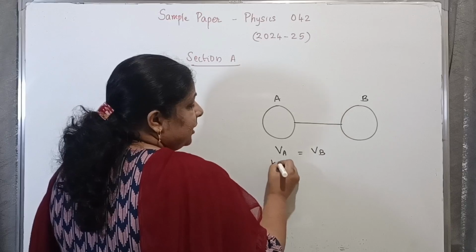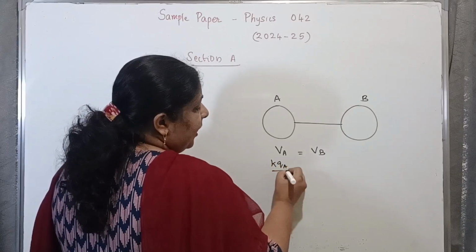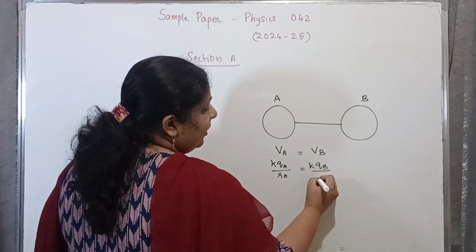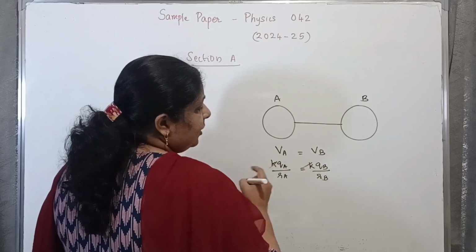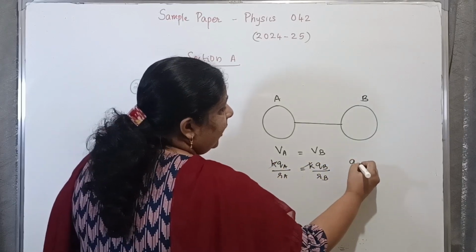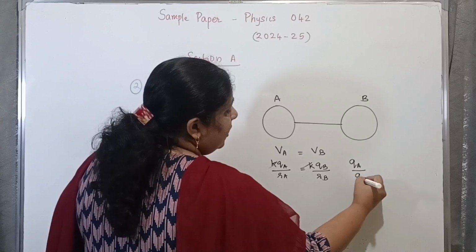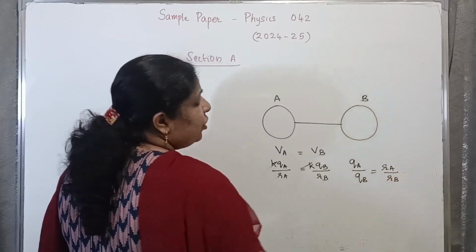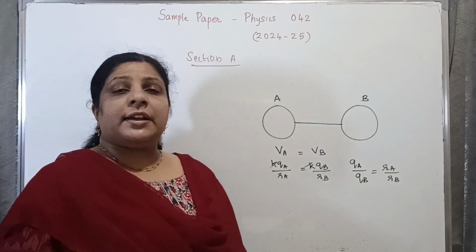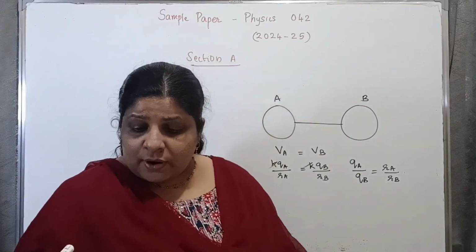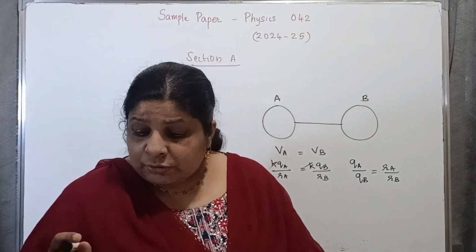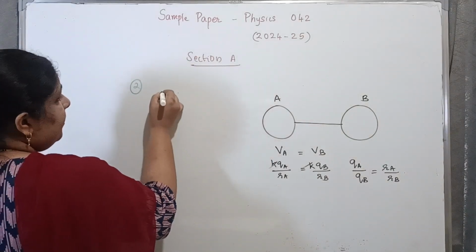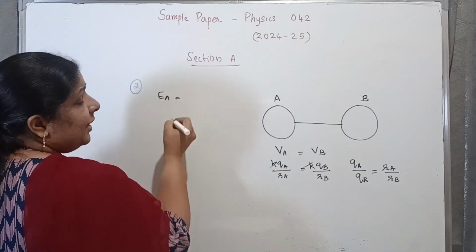So potential means KQA by RA is equal to KQB by RB. K cancels. So you will get QA by QB is equal to RA by RB. So you will get the ratio of charges. Now they are asking to find the ratio of the magnitude of their electric fields. Electric field formula is KQ by R square.